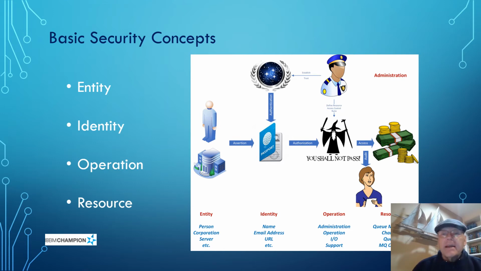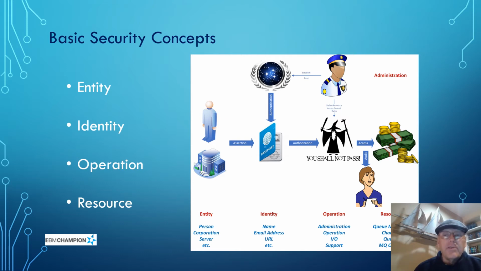Given that I have an identity, let's say glenn.brumbaugh at us.ibm.com, and I want to access a resource, there are various operations I can perform on that resource: read, write as I/O examples, create, delete the entire resource, start, end in terms of operations, display or inquire, some supporting type functions.